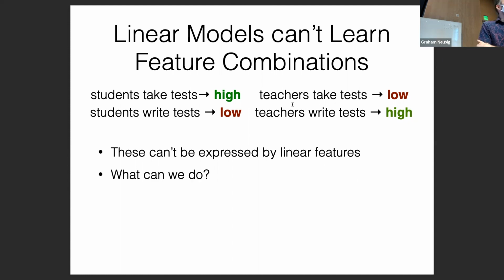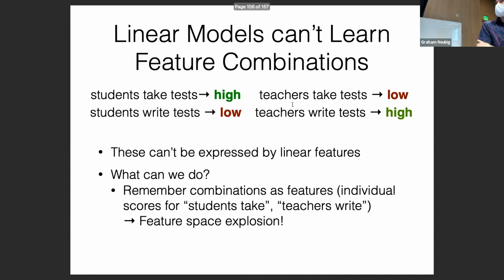So what can we do about this? How can we create a model that allows us to extract these features? One way, and this is kind of what the Ngram model does as well, is remember combinations as features. So we could have individual scores for things like students take and teachers write, et cetera.